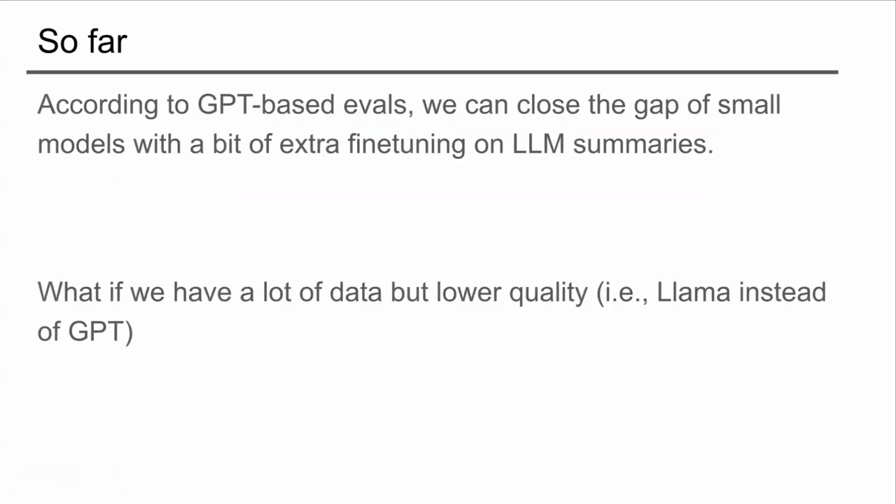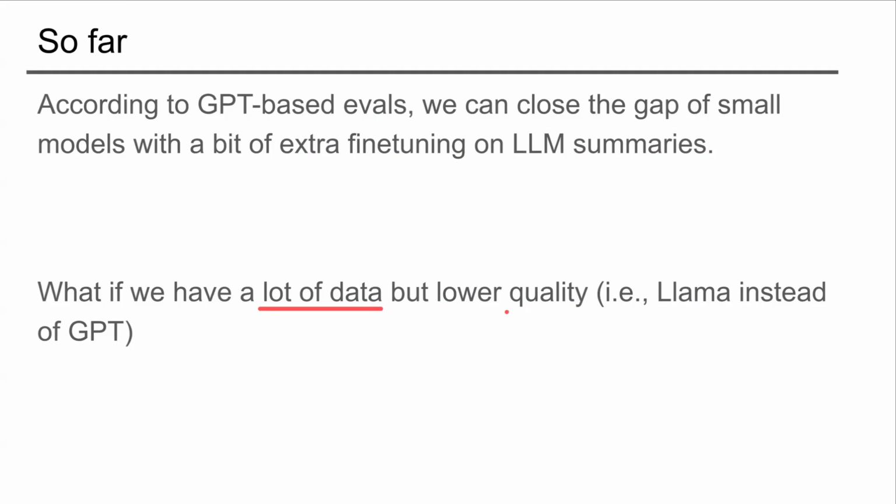And then, according to GPT-based evals, so far we've seen that we can close the gap of small models with a little bit of extra fine-tuning on LLM-based instructions. The next question we wanted to ask is, okay, the LLM summaries are few, we had only 10,000 examples. What if we have a lot of data?